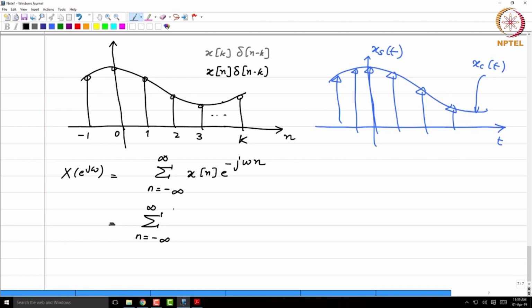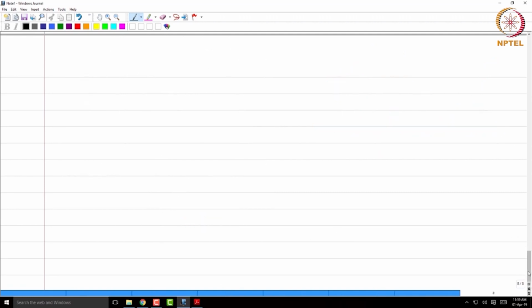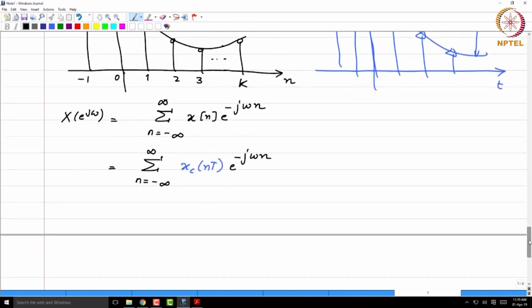X of n is nothing but xc of n T, because these are just those sample values, e to the minus j omega n. So, this is one part of the problem.